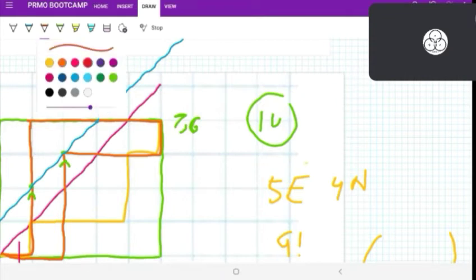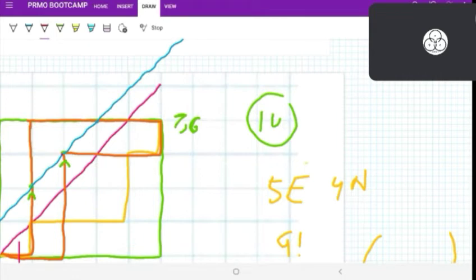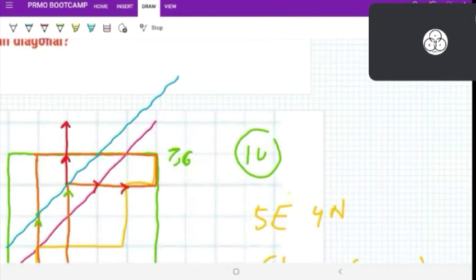From where it touches the blue line, we'll draw the reflection of this part. 1 unit east, its reflection or complement would be 1 unit north. Again 1 unit north, again 1 unit north. Let me extend the lattice.